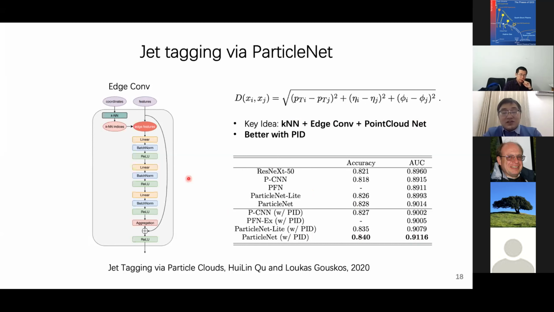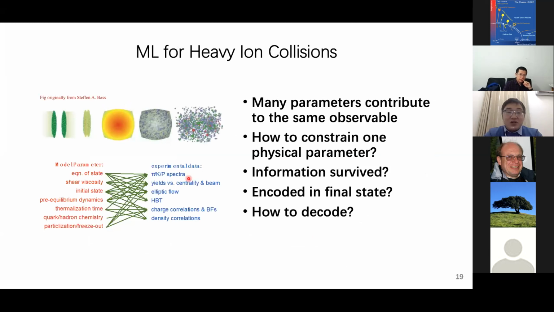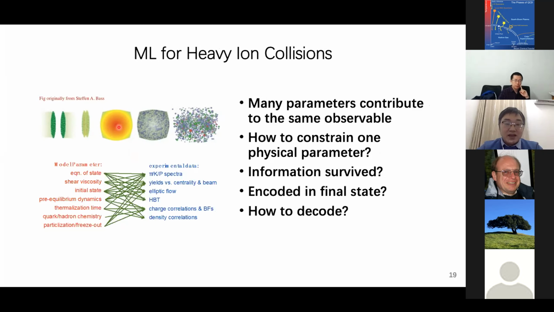So coming back to heavy-ion collisions. In our community, I think it is more difficult to generate data than in high-energy physics, where they usually use PYTHIA. In our case, we use relativistic hydrodynamics for the quark-gluon plasma evolution, and also use transport models for the hadronic cascade. We have many model parameters that contribute to the same observable.